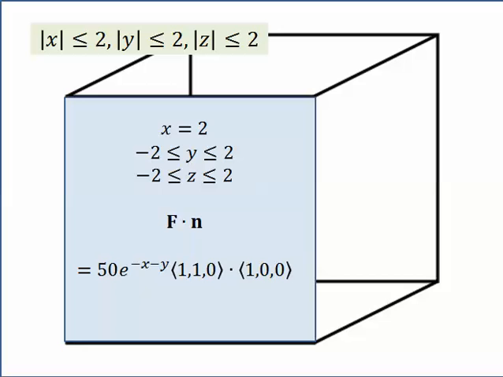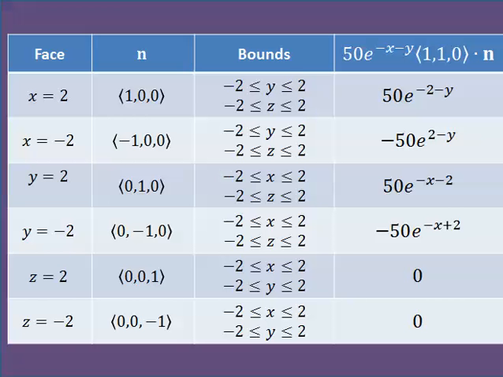And so the result will be 50 e to the negative x minus y. If x is fixed at a value of 2, then we have 50 e to the negative 2 minus y as the dot product for this face. We need to do it for all 6 faces, and I show you here my results.